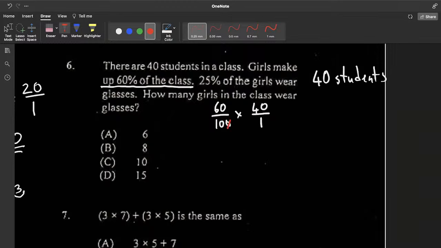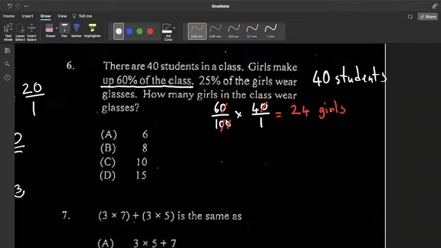So 100 divided by 10 is 10. 40 divided by 10 is 4. 60 now, we could divide this by 10 because we still have 10 at the bottom. So 60 divided by 10 is 6. 10 divided by 10 again is 1. So now we are left with 6 times 4 over 1 times 1, which gives us 24 girls.